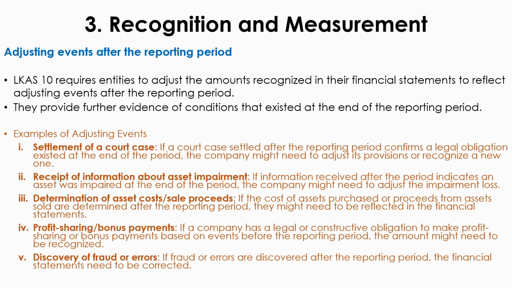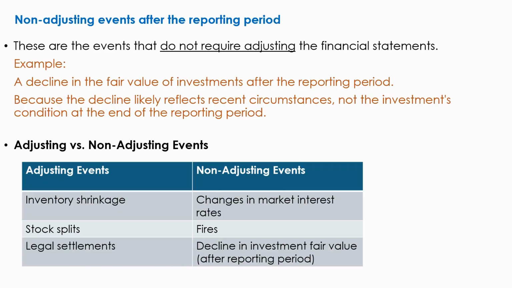So here is how we recognize and measure the adjusting events after the reporting period. Now we'll see how to recognize and measure the non-adjusting events after the reporting period. So LKAS 10 differentiates between events that impact the financial statements and those that don't.